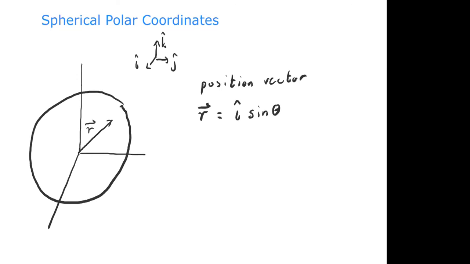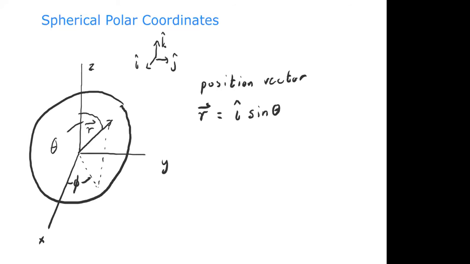Well, let me define these angles first before we actually start writing. Using plane polar coordinates, this is the same angle in the XY plane, phi. And this angle from the z-axis to r is theta. Now we're in a position to write down an expression for the position vector in spherical polar coordinates.